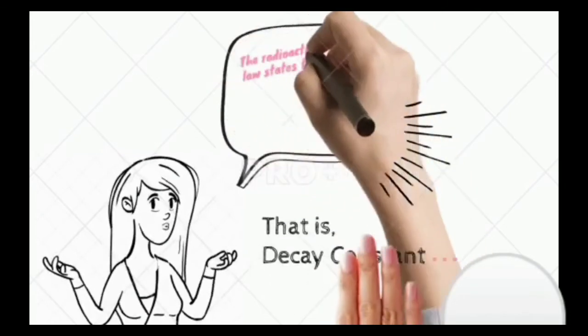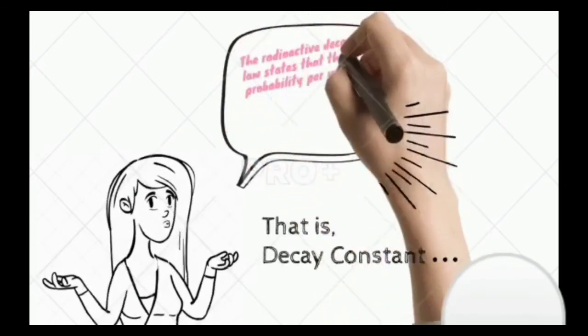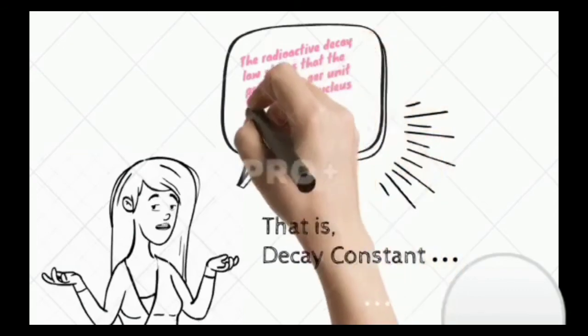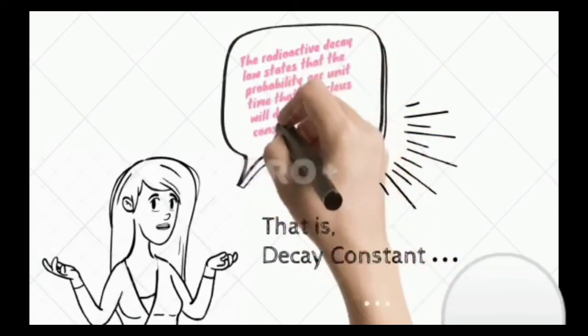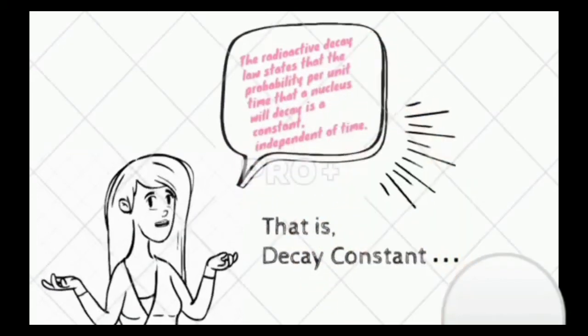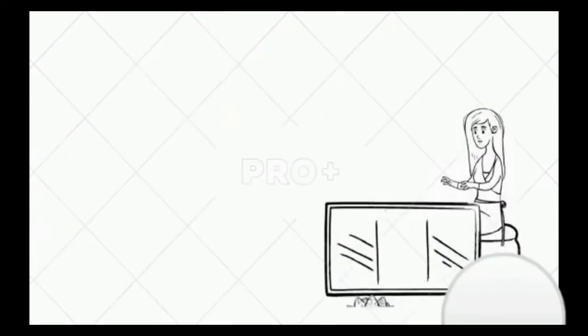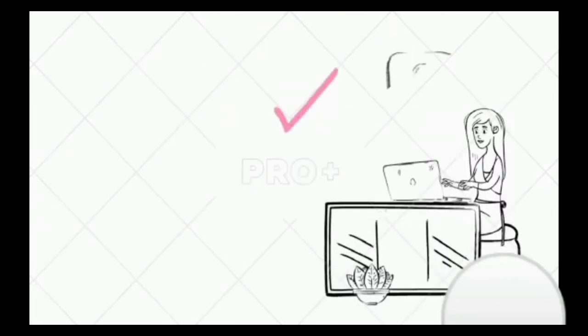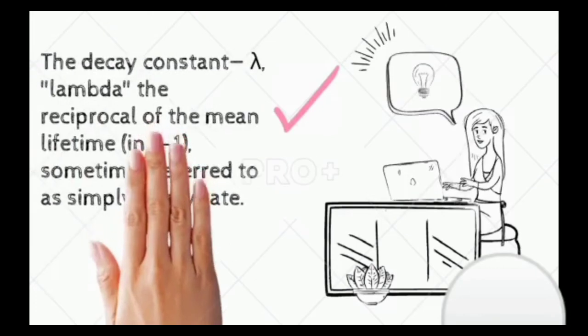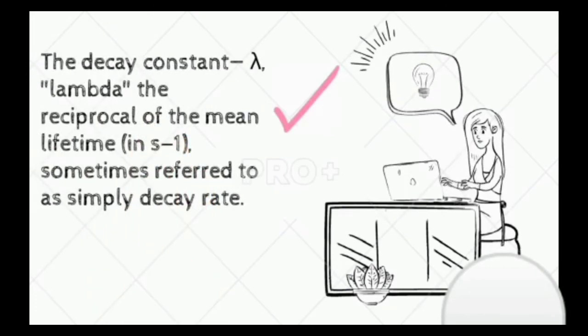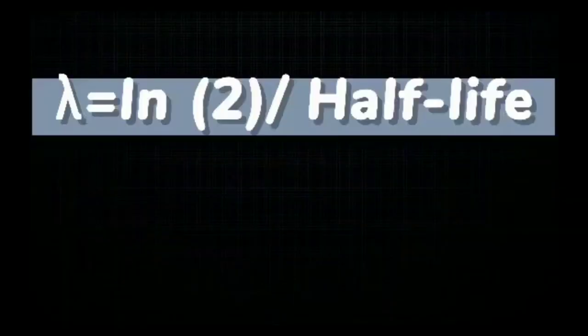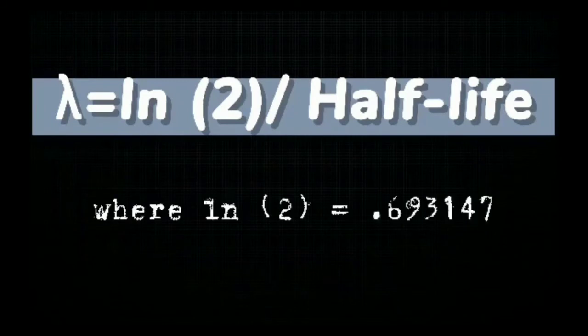The radioactive decay law states that the probability per unit time that a nucleus will decay is a constant, independent of time, that is the decay constant. Lambda is defined as the natural log of 2 divided by the half-life, where the natural log of 2 is equal to 0.693147.